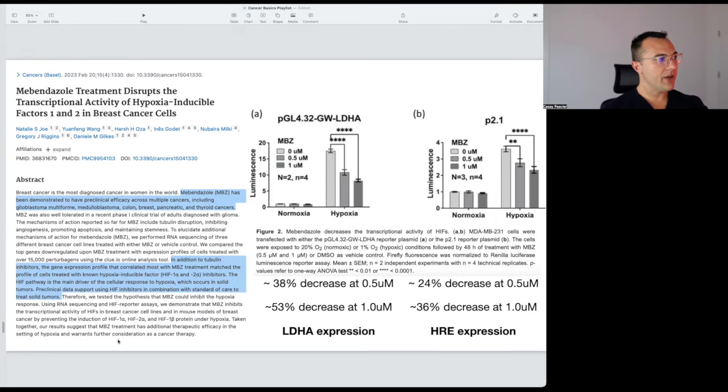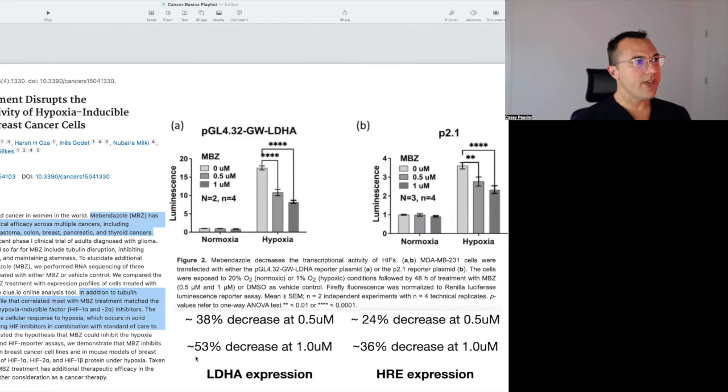The HIF pathway is the main driver of the cellular response to hypoxia, or low oxygen, which occurs in solid tumors. Preclinical data support using HIF inhibitors in combination with standard of care to treat solid tumors. What they did was they looked at two molecular assays to see if the hypoxia-inducible factors were being affected at varying concentrations of mebendazole.